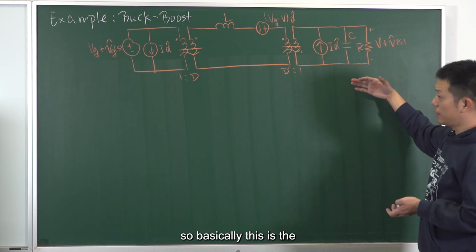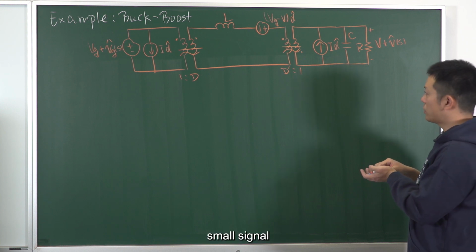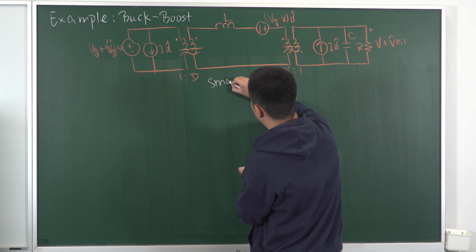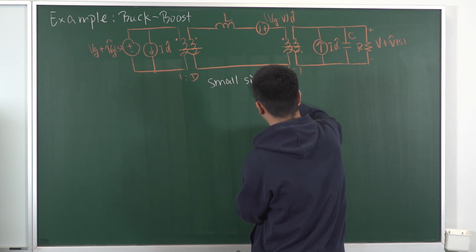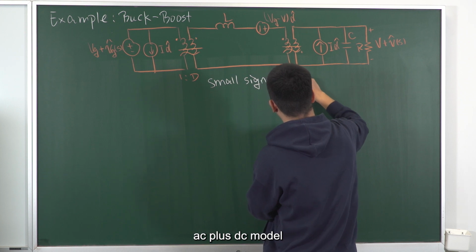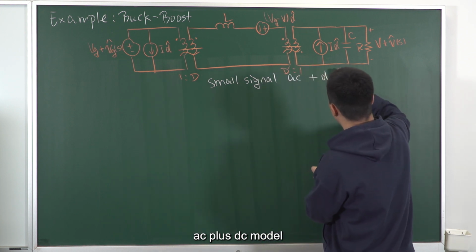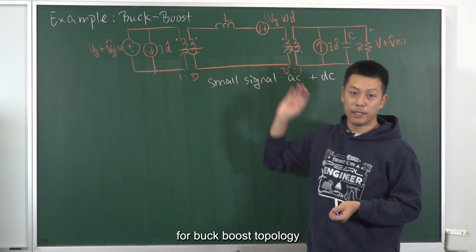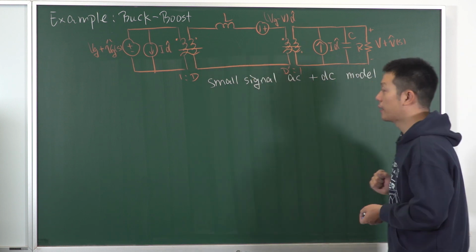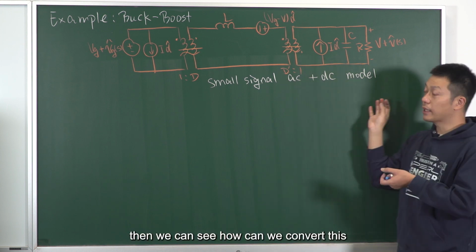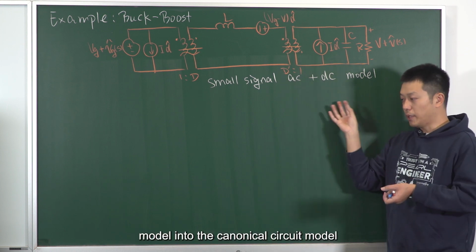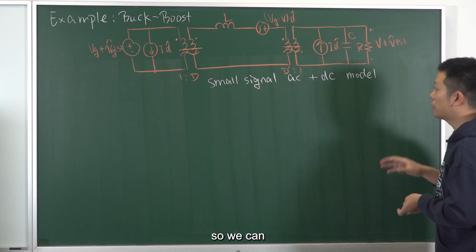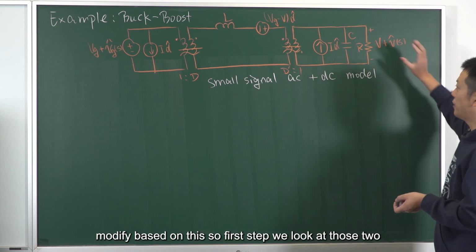So basically, this is the small signal AC plus DC model for the buck-boost topology. Then we can see how we can convert this model into the canonical circuit model. So we can modify based on this.